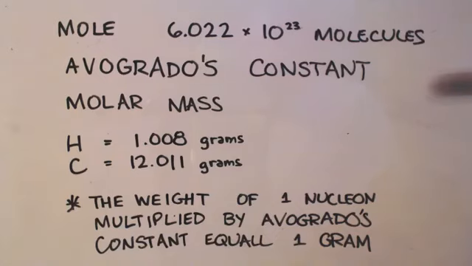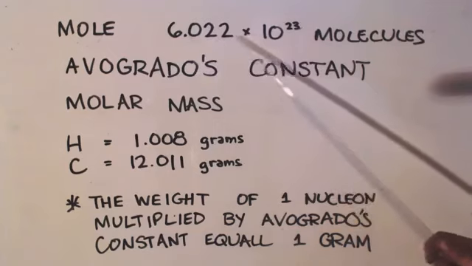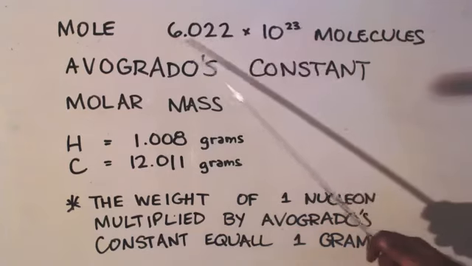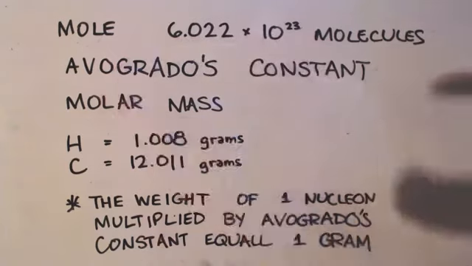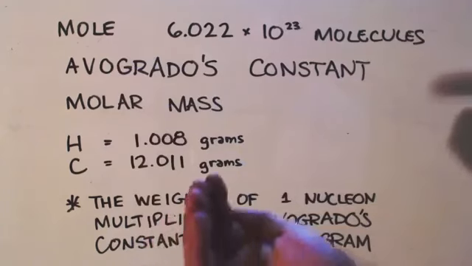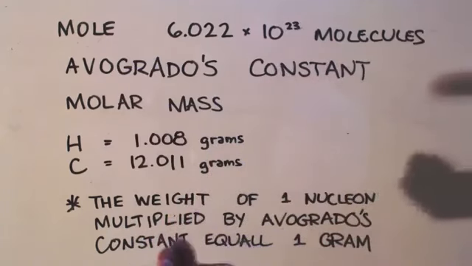So if I hold a proton or a neutron in my hand and multiply that by Avogadro's number, this is how many protons or neutrons I have in my hand. That means I have a gram of protons in my hand.